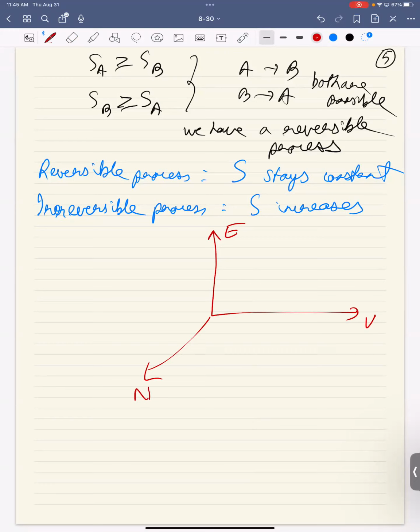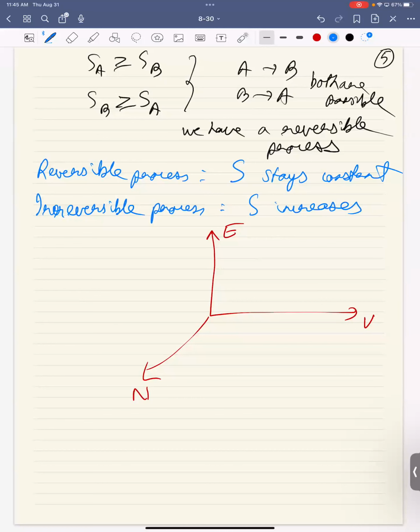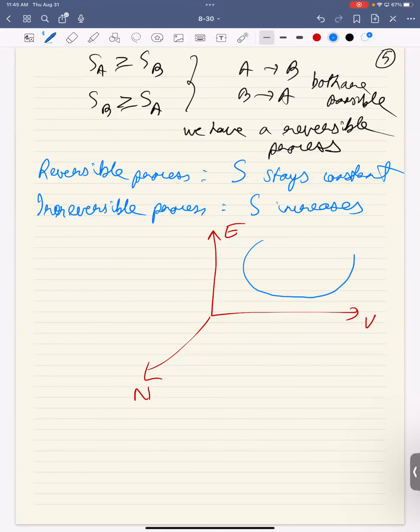Let's just worry about E and V. So here I am going to have a function S of E, V, right? That is uniquely defined for any particular value of E and V.